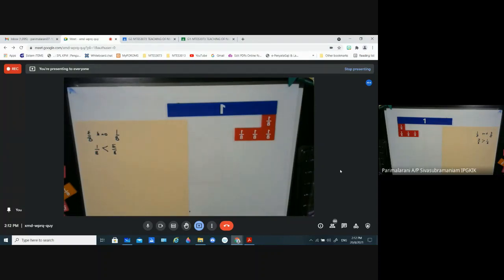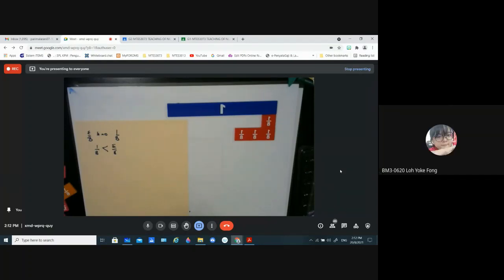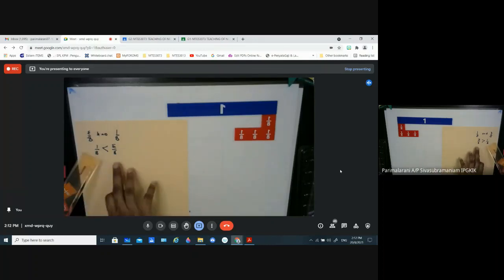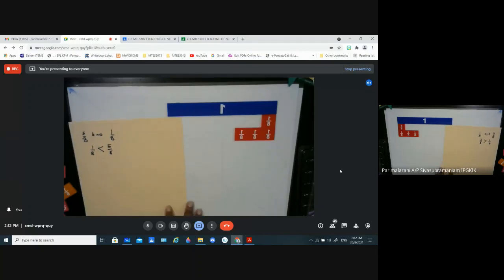The larger the numerator, the larger the magnitude. Yes, correct. If the denominator is the same, the greater the numerator, the greater the magnitude of the fraction.